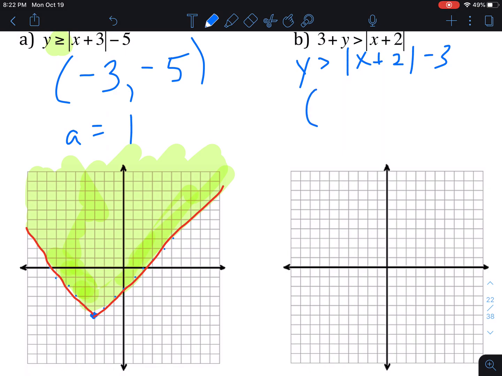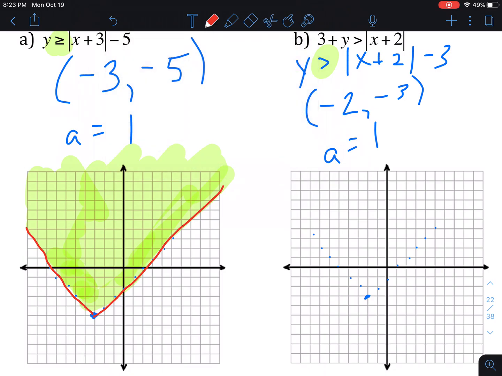So the vertex here, what is it? (H, K), (-2, -3). H is opposite. And also the A is an invisible 1. So the vertex is (-2, -3). Then we're going to go up 1 over 1 in both directions. Get my V going. Now my sign here is greater than, so there's no underline.